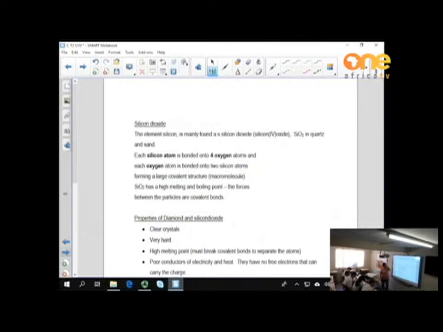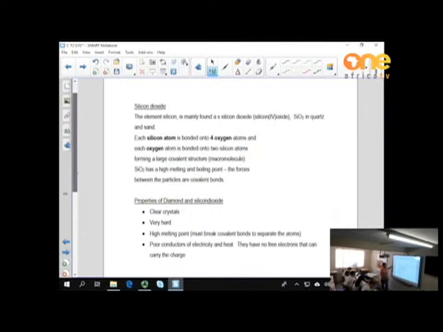The third macromolecule that we must have a look at is silicon dioxide. Now I don't have a picture of silicon dioxide. I think in your textbooks there is a picture. If you go and have a look, you will see they say silicon exists mainly in the form of silicon dioxide. Look at the formula.